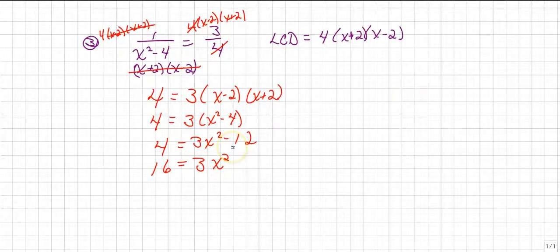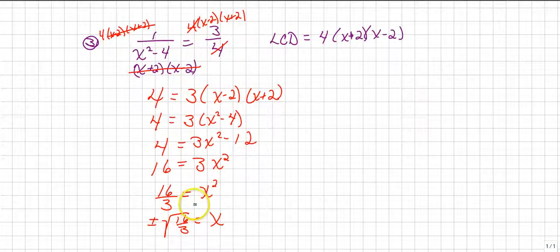And since we just have a single term that contains an x, I'm going to solve this by dividing both sides by 3. 16 thirds equals x squared, and taking the square root of both sides, plus and minus the square root of 16 thirds equals x.